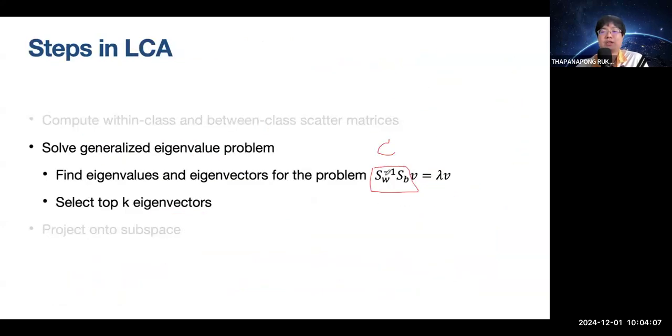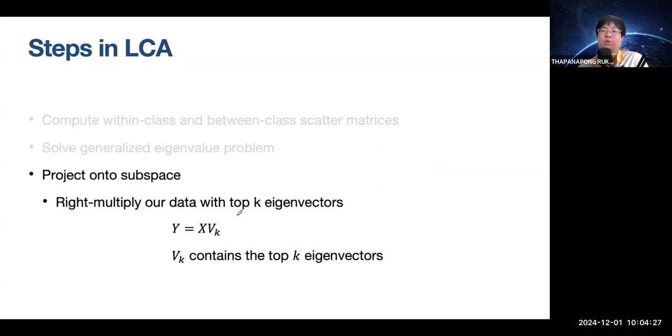So you have the inverse of the scatter matrix within the class times the scatter matrix between classes. And then you want to find the eigenvectors. And the process would be the same as the PCA. When you pick the top k eigenvectors, you have the eigenvector matrix, basically the projection matrix, and then you multiply by X, and then you get Y.